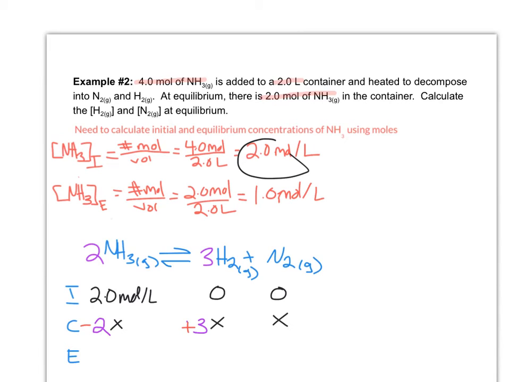And then our nitrogen, we have an invisible 1 here, so we can just leave it, and we do write in our plus to show that we're gaining. So then it's pretty straightforward. Our equilibrium concentration for NH3 is going to be 2.0 subtract 2x. Our hydrogen concentration is going to be 3 times whatever x was, and our nitrogen gas concentration is going to be just an x.